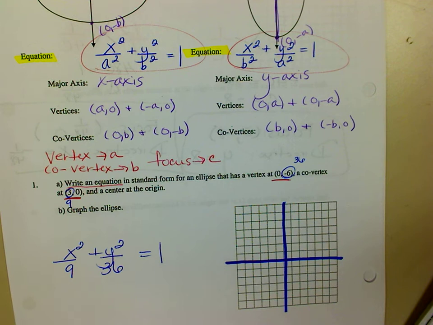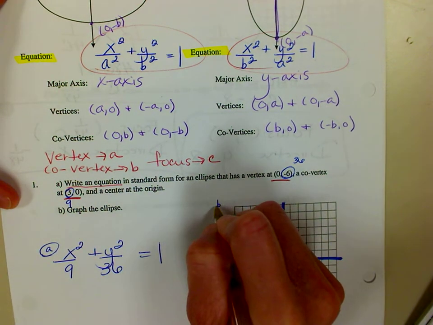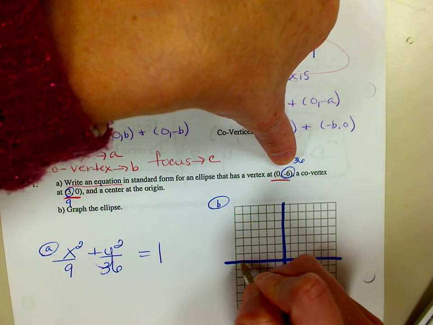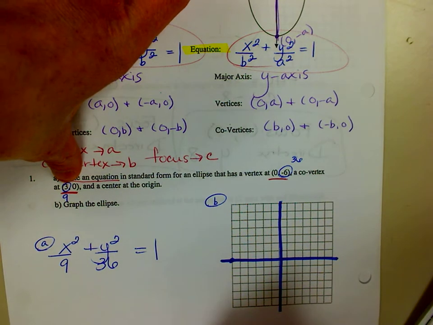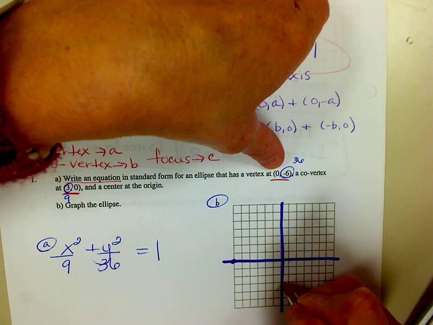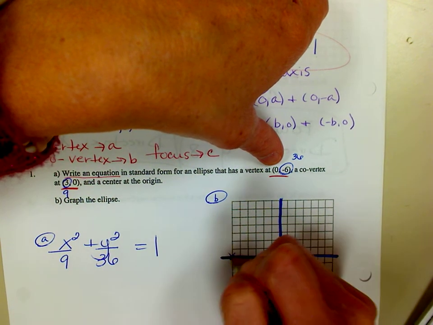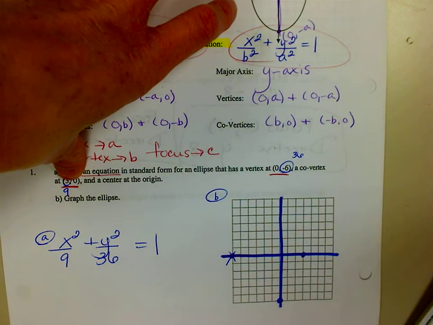And now I'm ready to graph. And really I could have graphed first. It doesn't really matter. So I'm going to graph this point. And then I'm going to graph this. Whoops, I did that wrong. It's down here. So there's that point instead. And then (3, 0). And then I can get the other two.